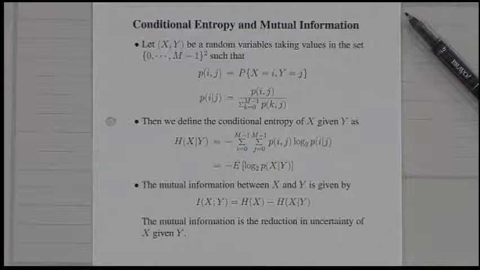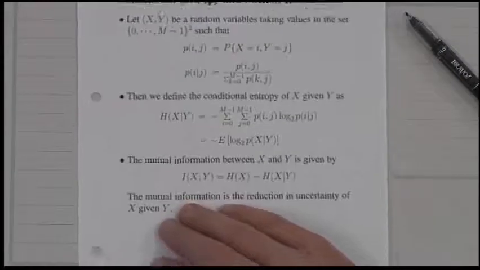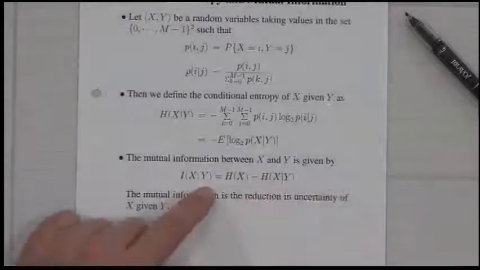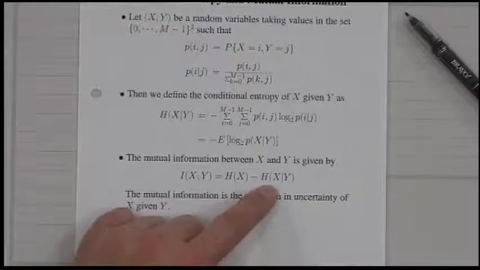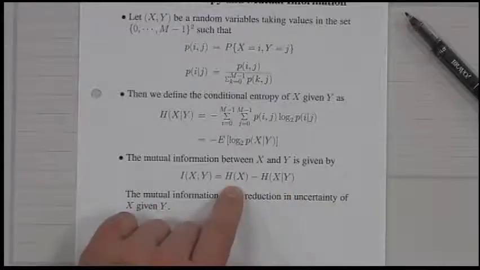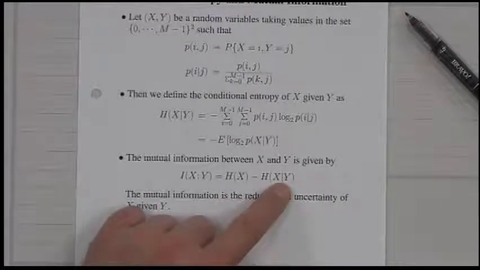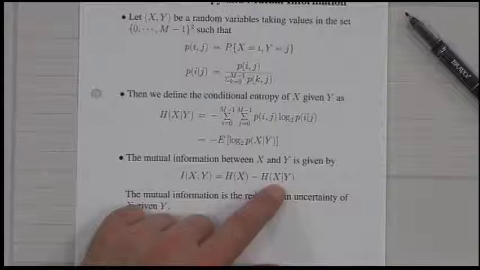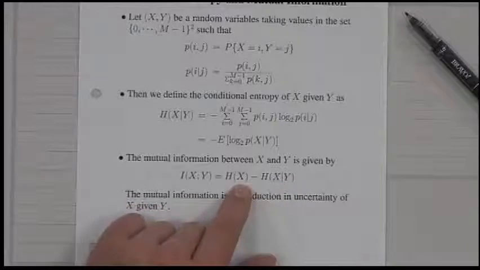So that's the entropy, and then the mutual information is, okay, the entropy of x given y will always be less than the entropy of x by itself. So knowing y can only tell you more information about x. If y tells you absolutely nothing at all, then the conditional entropy of x given y will just be the entropy of x.